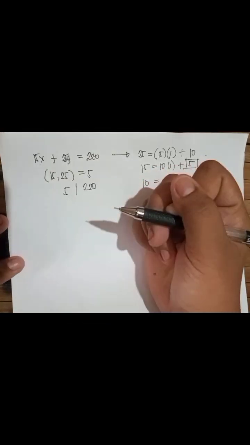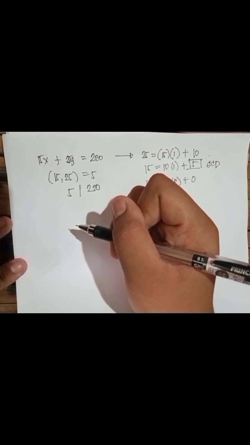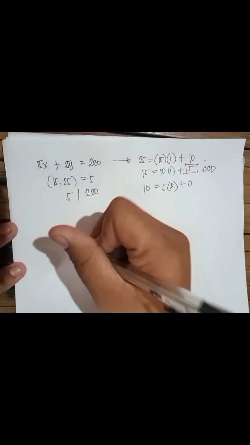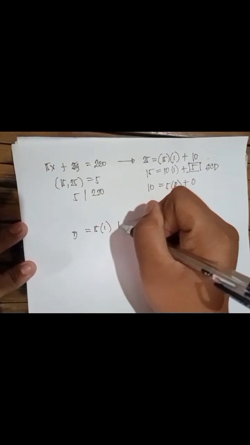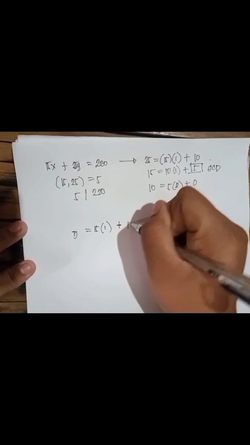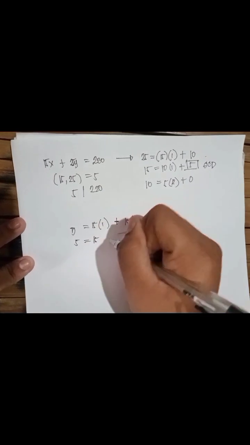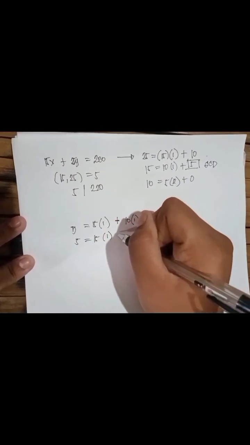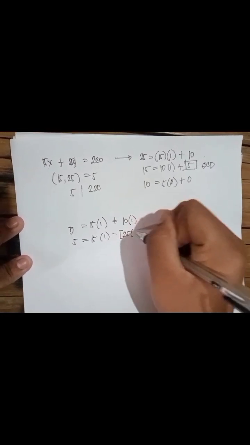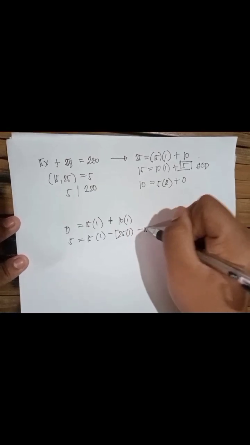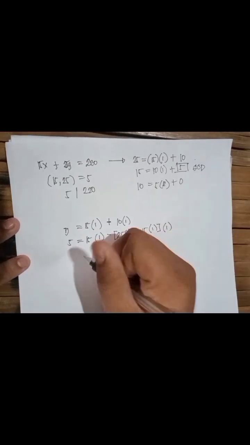Let's proceed to the next step, which is to get the value of x sub 0 and y sub 0. 5 is equal to 15 times 1 plus or minus 10 times 1. 5 is equal to 15 times 1 minus 10, and we put the value of 10, which is 25 times 1 minus 15 times 1 in brackets.